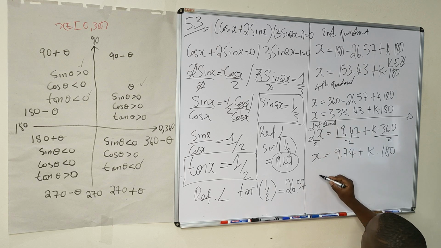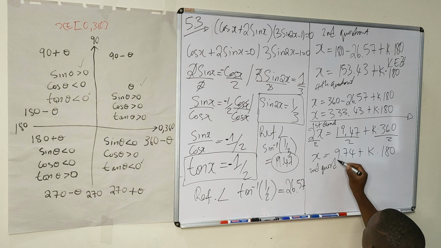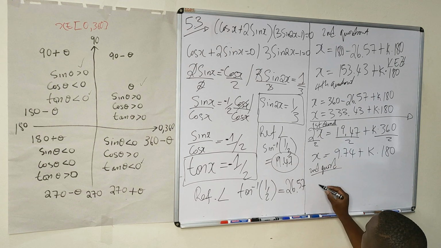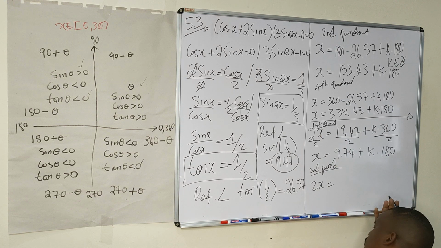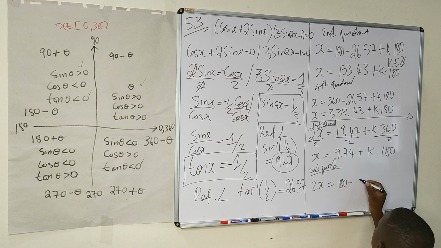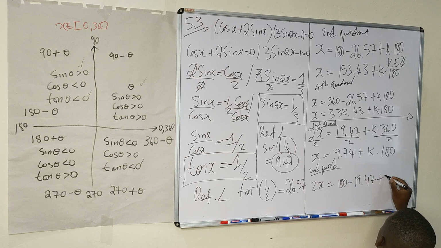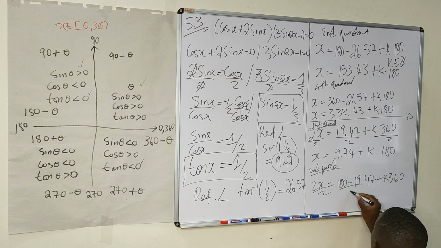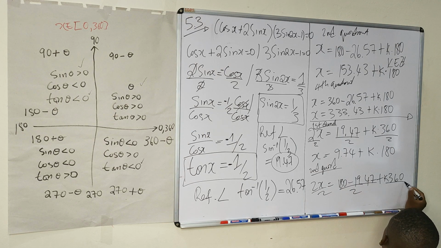And the second one, this was the first quadrant for sine. Now going to the second quadrant for sine, where sine is positive again. So 2x is equal to 180 minus 19.47 plus k 360. So divide by 2, divide by 2, divide by 2.